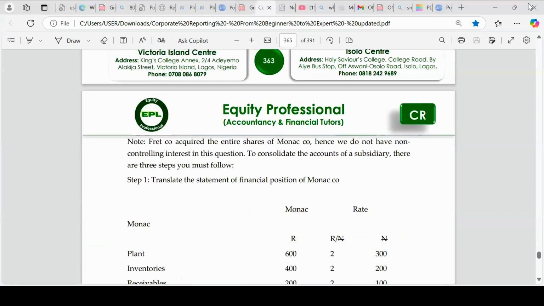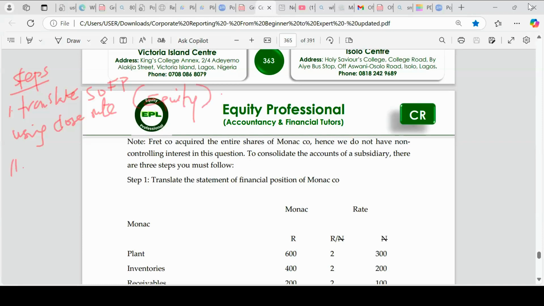The first thing to do is translate the SOFP using the closing rate. However, be careful about equity; I'm going to come back to talk about it.